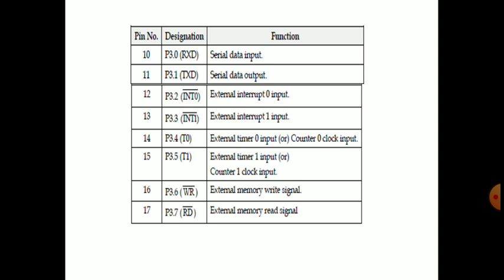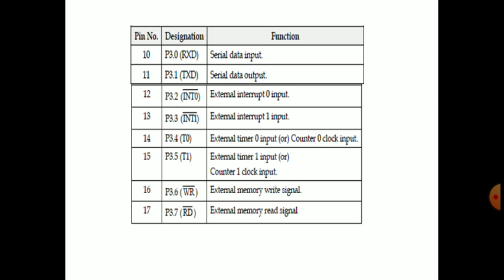Then P3.6 is write bar, external memory write signal. We have to write the data to the external memory, so we can interface the external memory. How much memory can be interfaced with this microcontroller? That is 64 kilobytes of external RAM or external ROM. So if we connect that external memory, if we configure that external memory to 8051, then we have to use the signals write bar or read bar, that is port 3, pins 3.6 and 3.7.